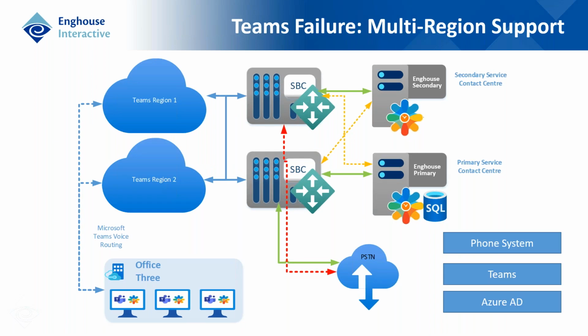Quite often everyone says, well, how do I try and keep my teams going in the event of a Teams failure? So Microsoft does have an additional cost that you can apply to your tenancy, where you can have multi-region support. And that's basically that you'll be able to register 2 separate regional clouds.